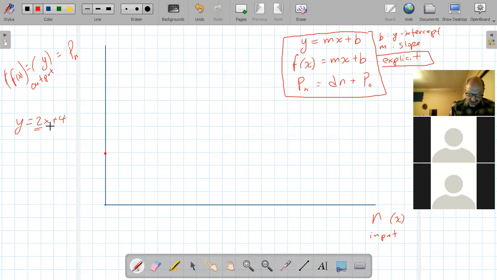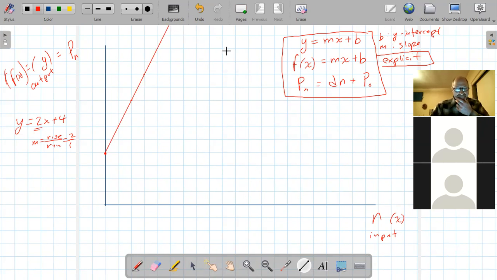Remember, the 2 is the slope, and that's like the rise over the run, so we'll write 2 over 1. So we'll go up 2 and over 1, up 2 and over 1, up 2 and over 1, and those will be points on the line. And then we usually connect those. And typically we put arrows on the end. I'm just going to go like this.